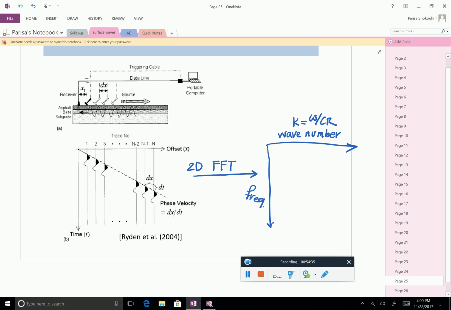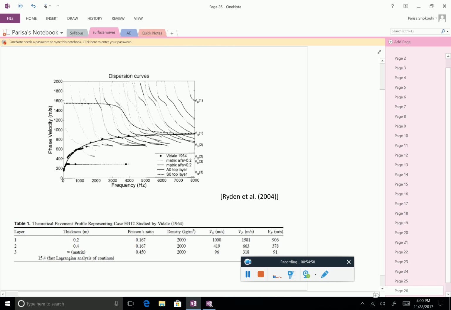It's actually very simple, because you have to have the source at one location and multiple transducers, or you keep one transducer in place and you move your source at equal intervals, and you get immediately a dispersion curve.